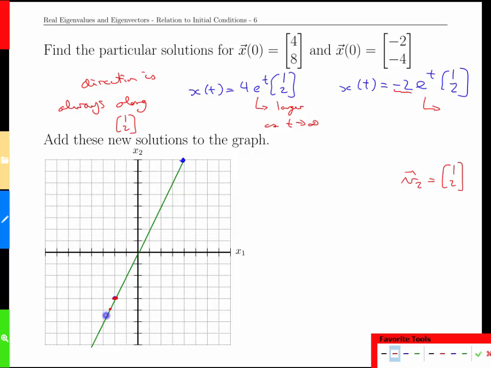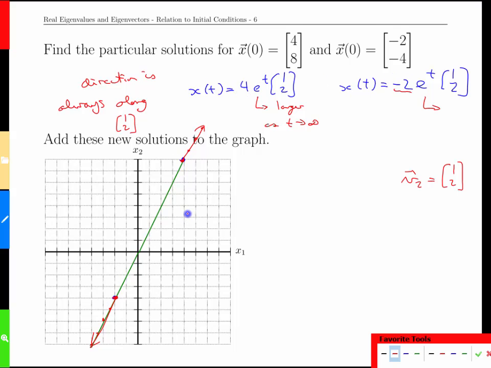So in this case, over time, we're going to move out and out and out in that direction, away from the origin. If we started here, we would do the same thing. We'd move out and out and out, away from the origin. So we get a different behavior, but a very simple straight line behavior out of solutions that start on this eigenvector.